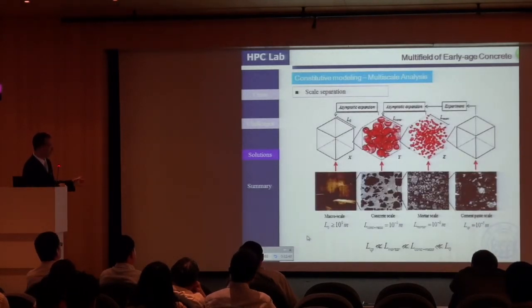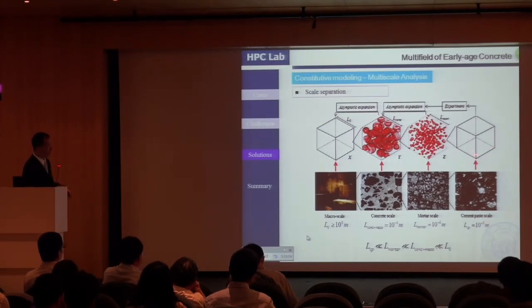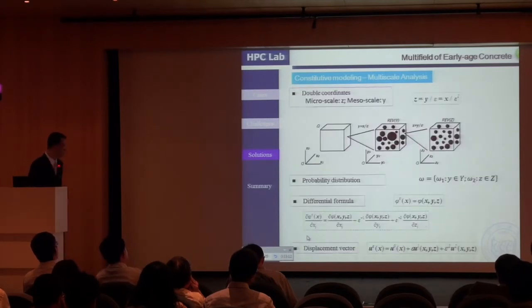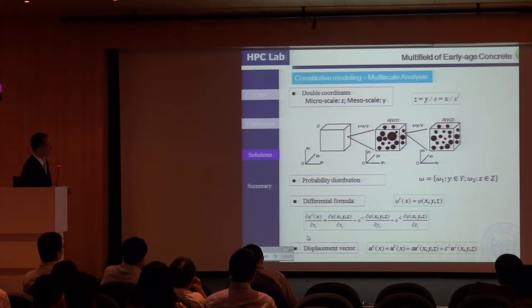Based on that method, we also developed the so-called multi-scale simulation of the process, with the mortar scale. If we assume the paste scale is homogeneous, we can get the mortar scale and the concrete scale, and finally the member scale. In this case, we assumed that a double scale can be assumed: one is the macro scale, and another one is the meso scale.